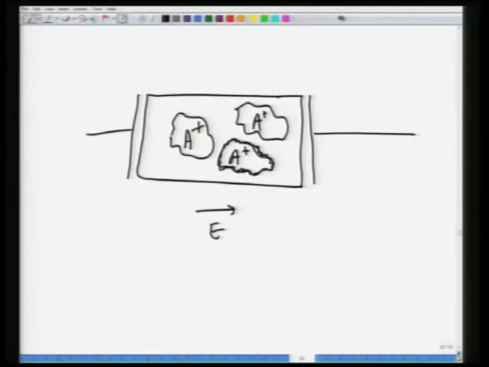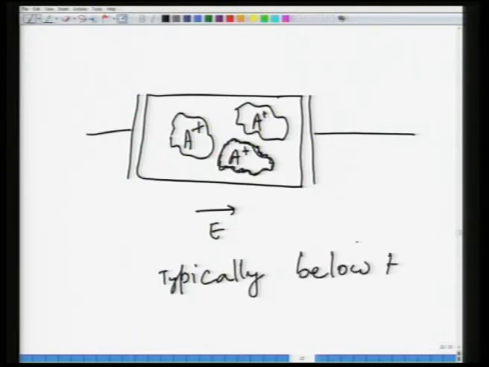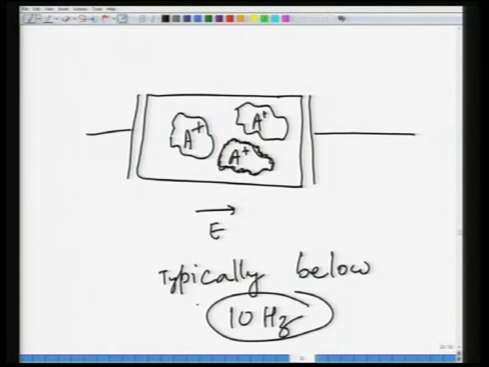And the fourth one that we talked about is about interfaces, and this operates at frequencies typically below 10 hertz. So this happens at really very small frequencies, interfacial polarization.